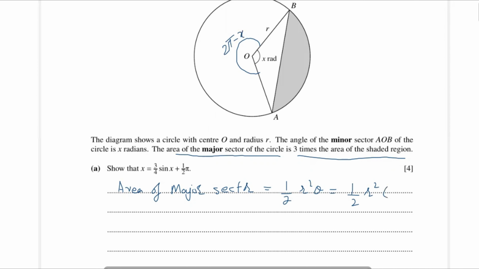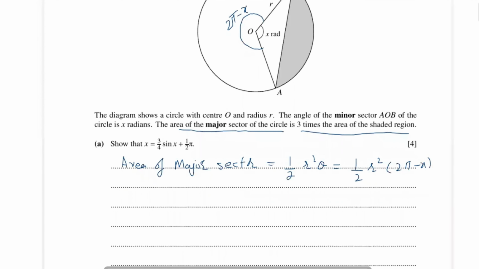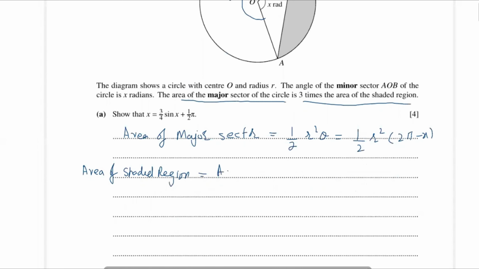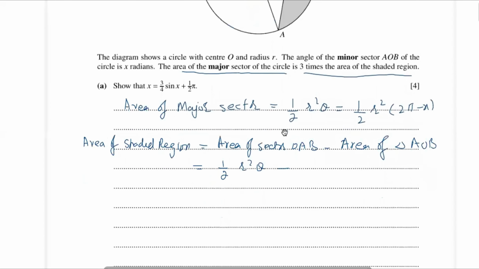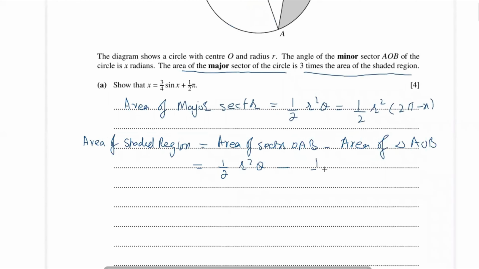The area of the shaded region will be equal to the area of sector OAB minus the area of triangle AOB. Now for the area of the sector, the formula is 1 over 2 r square theta. For the area of the triangle, we use the formula 1 over 2 r square sine theta.